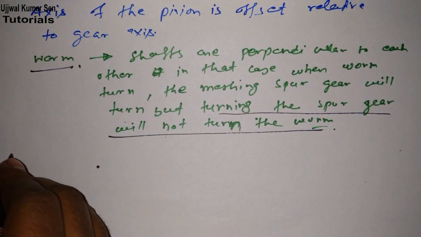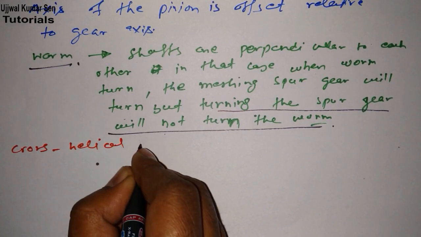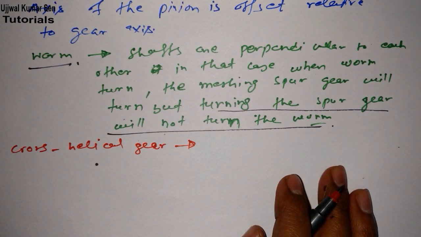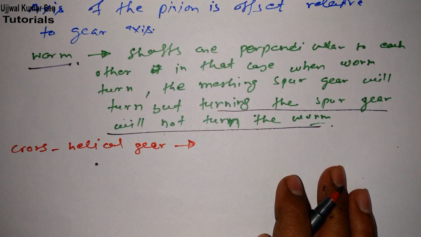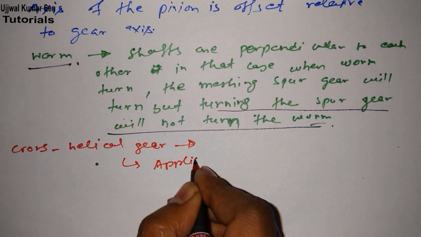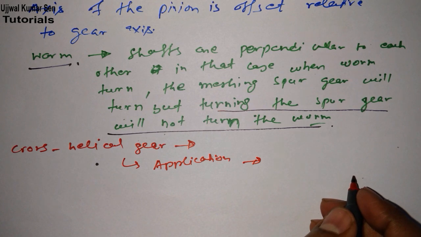Now the last one remaining, that is cross helical gear. So what is basically cross helical gear, we need to understand. If you are preparing for university examination, then you need to learn its definition also.